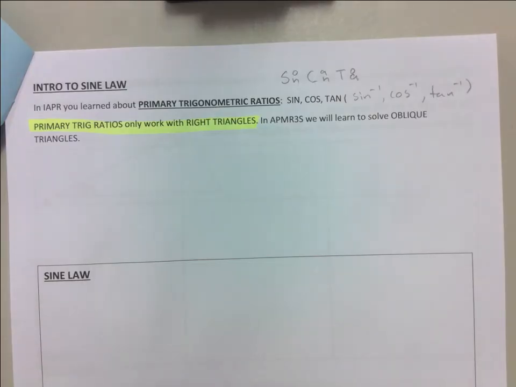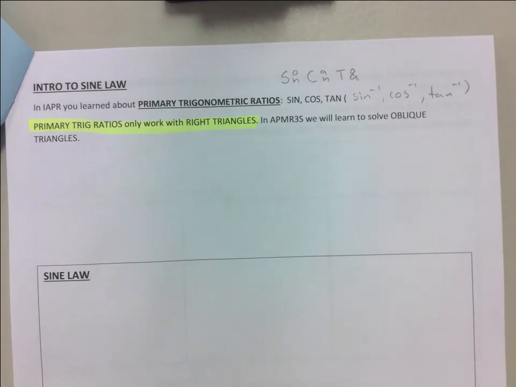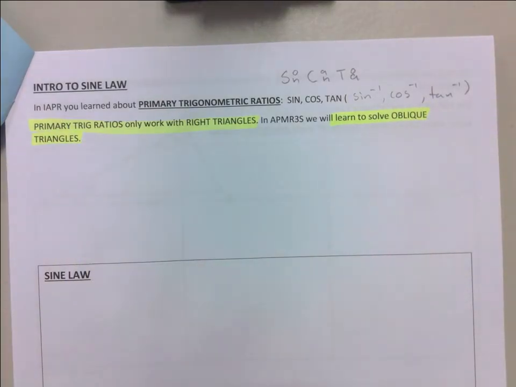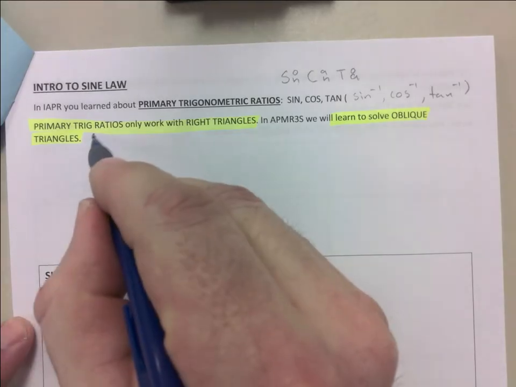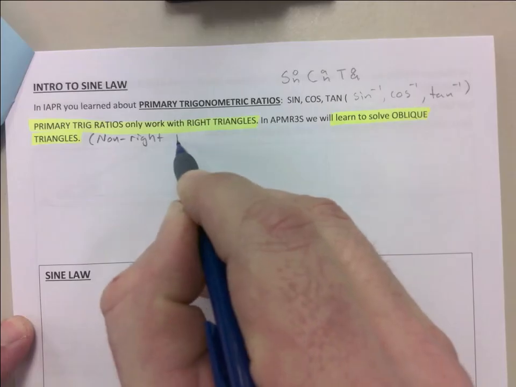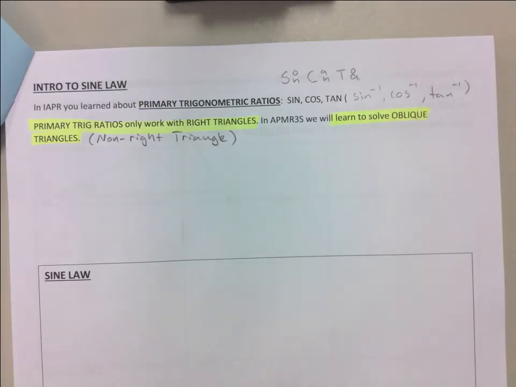In grade 11 applied, that's the course code, we will learn to solve oblique triangles. What is an oblique triangle? A non-right triangle. I don't even know if that's an official term, but it's anything that isn't a right triangle.